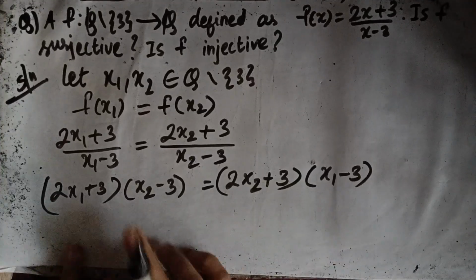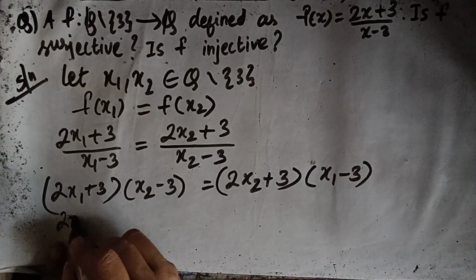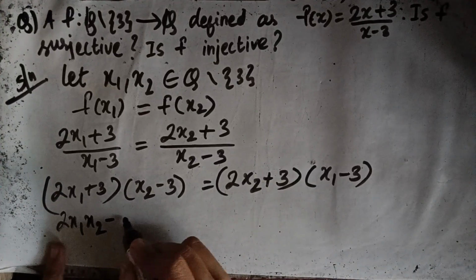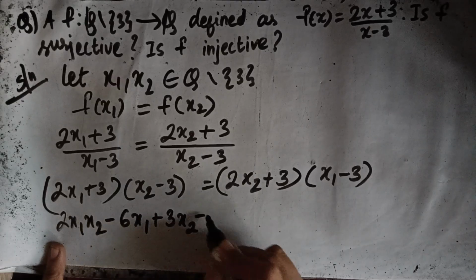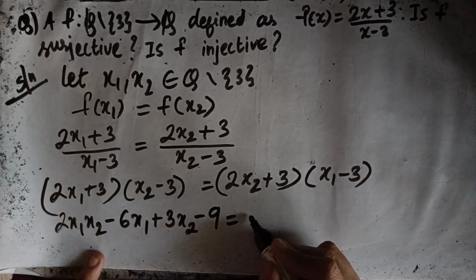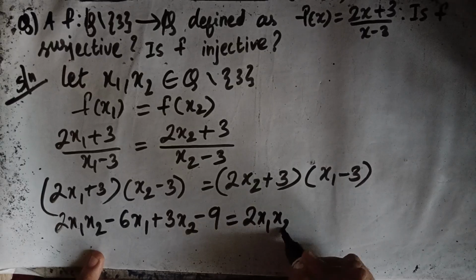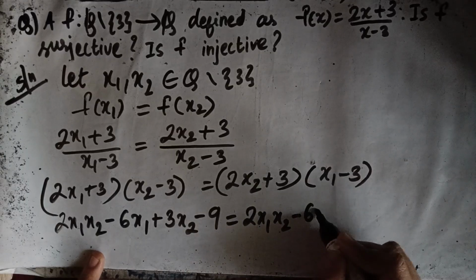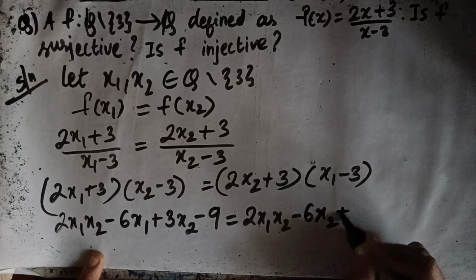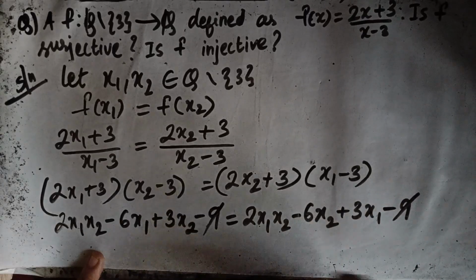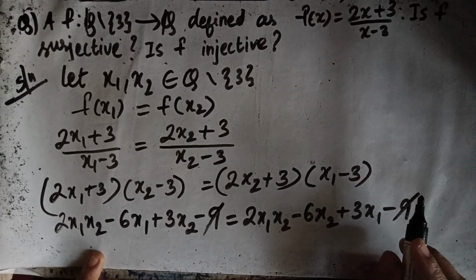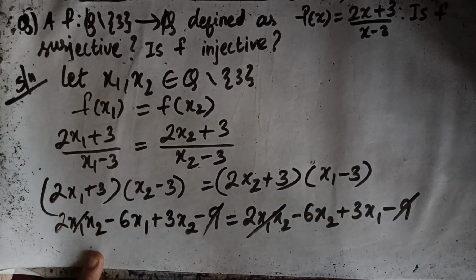Okay, so multiplying this we get 2x1x2 minus 6x1 plus 3x2 minus 9 equals 2x1x2 minus 6x2 plus 3x1 minus 9. Okay, so whatever you can cancel, you can cancel.